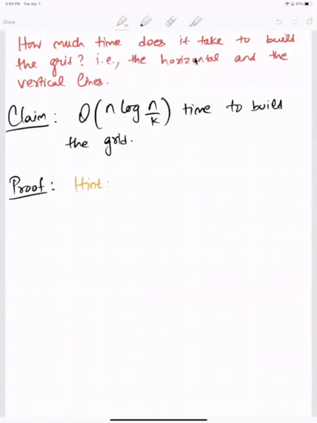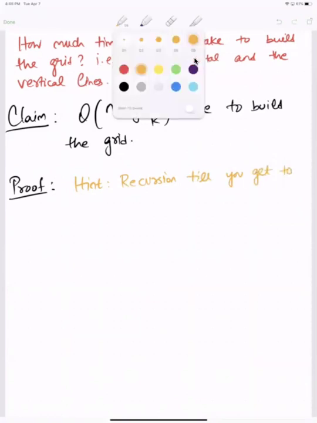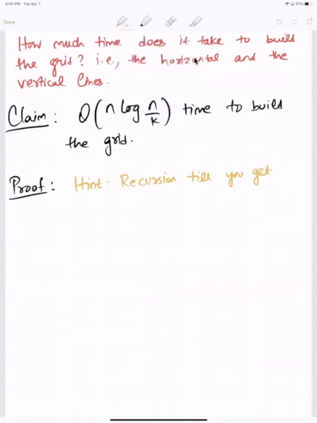I don't want to reveal too many hints, but it involves recursion until you get all the vertical lines.